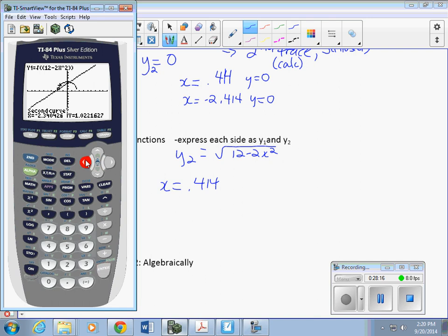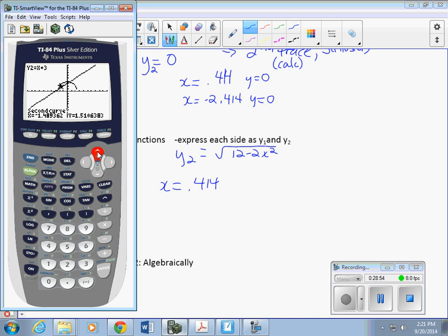Oh, it hasn't moved on to the other graph for me. This is frustrating me because it won't move to the other line, because this is still on the curve function. Move to the other one. There we go. I needed to hit the up arrow instead of down.